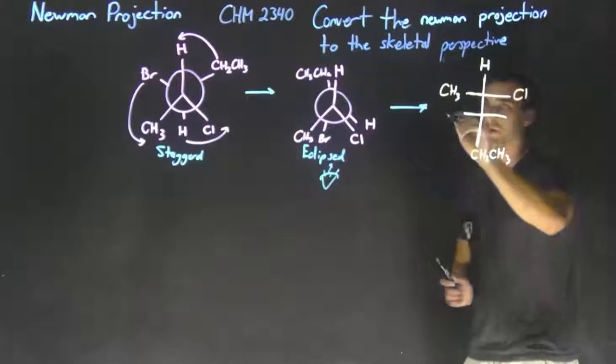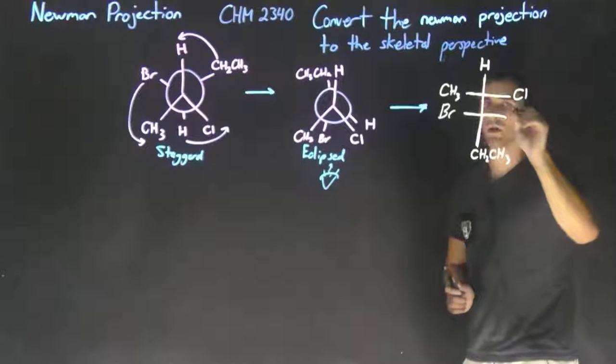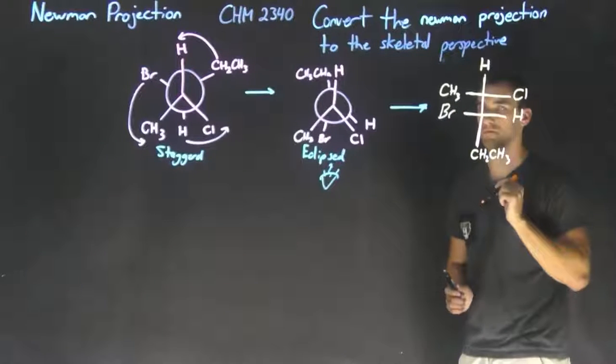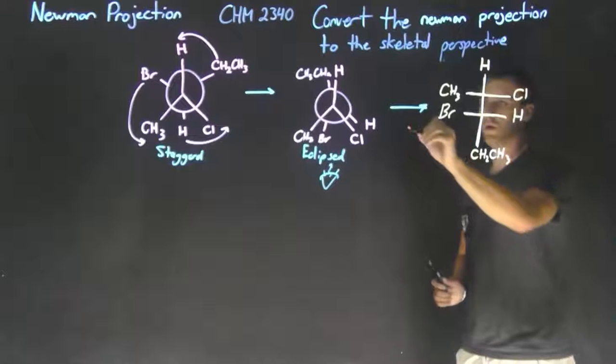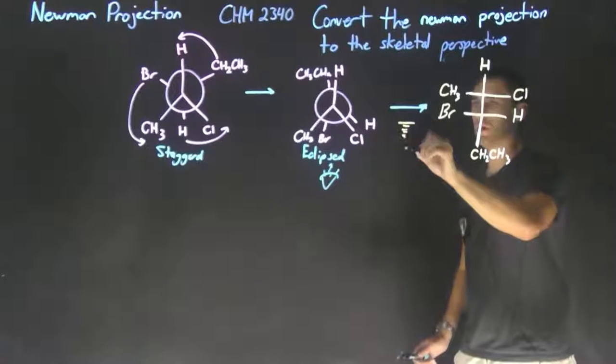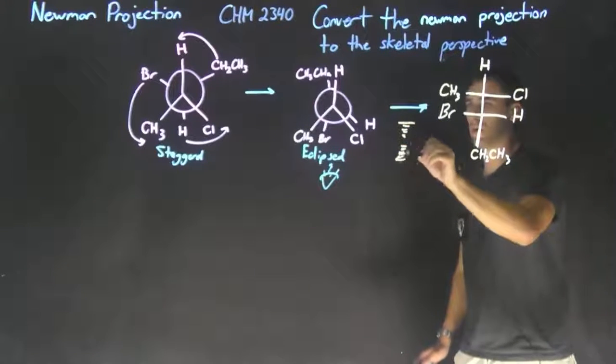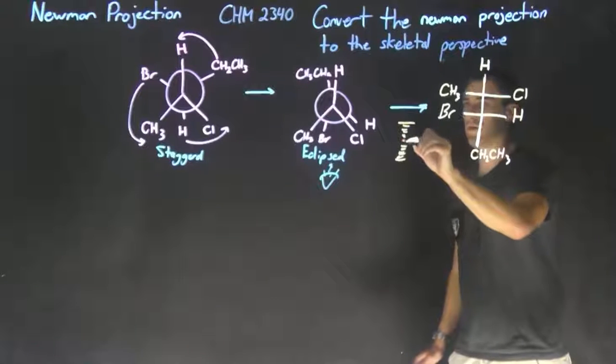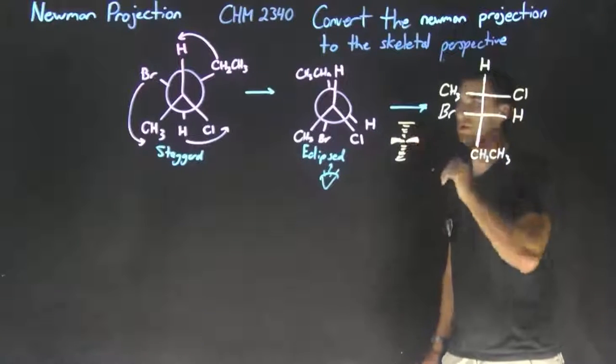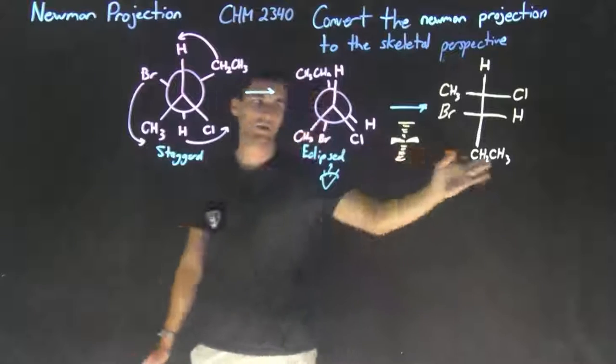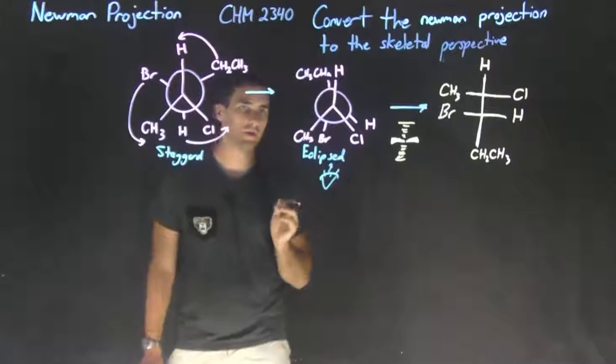And the same thing with the bromine and the hydrogen. This is the configuration for a Fischer projection, which may help you see the transformations going on here.